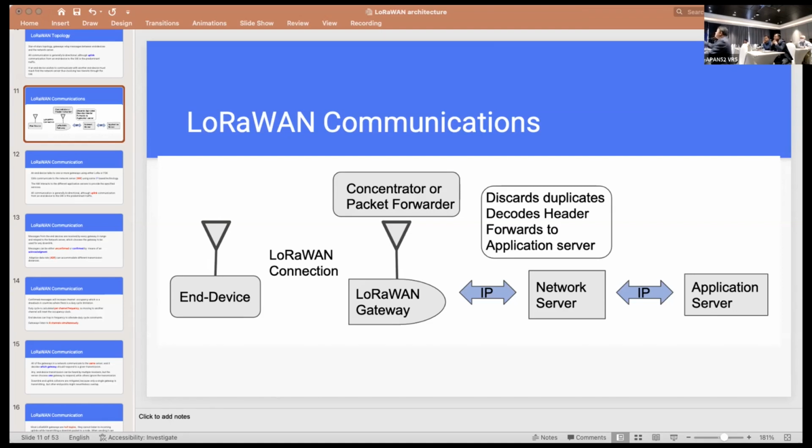Sebastian, could you turn off the screen sharing? I am not screen sharing. This is Sebastian's screen. What you are seeing now must be Hermano's screen. It's not mine. So Hermano, can you hear me?